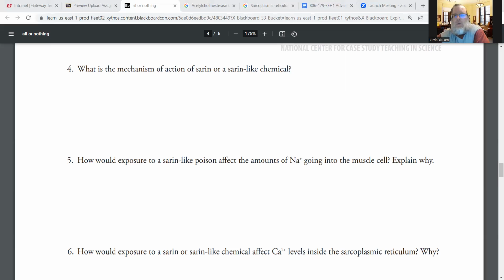Okay. So if I have a sarin or sarin-like poison exposure that inhibits acetylcholinesterase from being active, acetylcholine is going to build up at the muscle cell. It's going to then trigger an excess amount of sodium release. So you kind of see where this is going.